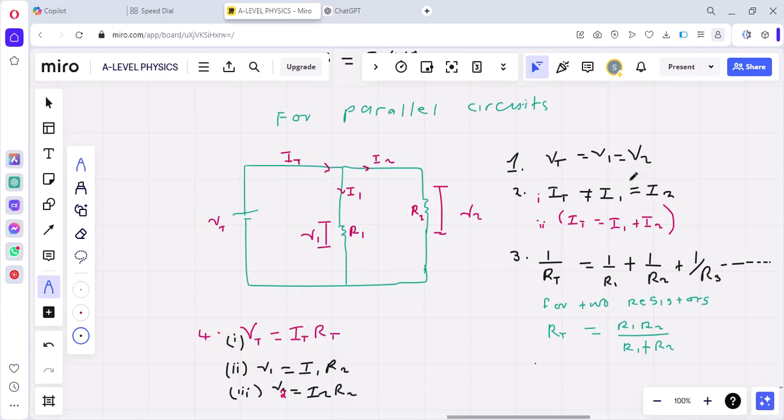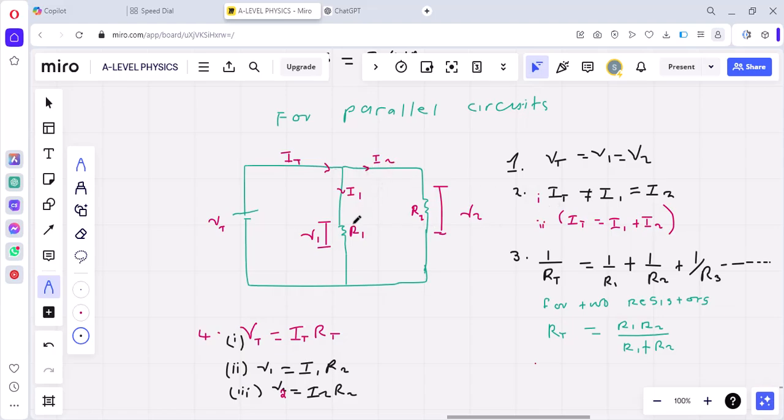As for current, current 1 is not equal to current 2, and it is not equal to total current. The total current will always be greater than current 1 and current 2, because it is the same current that is dividing.